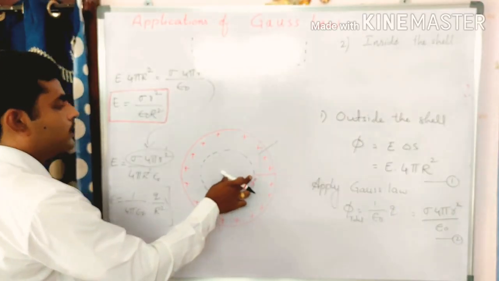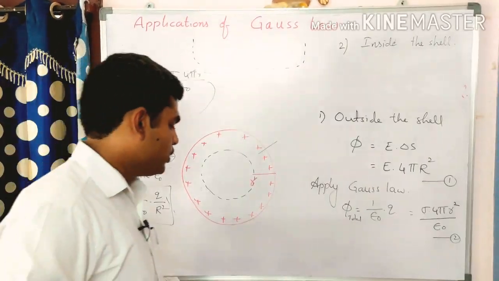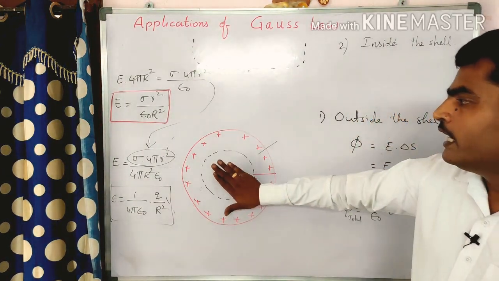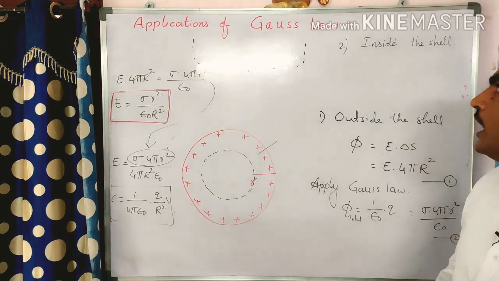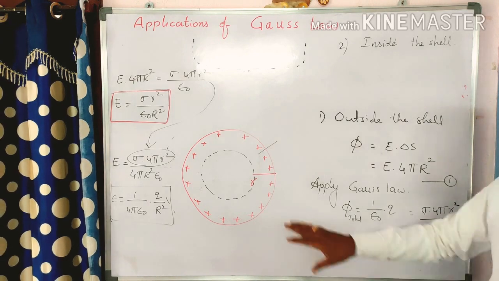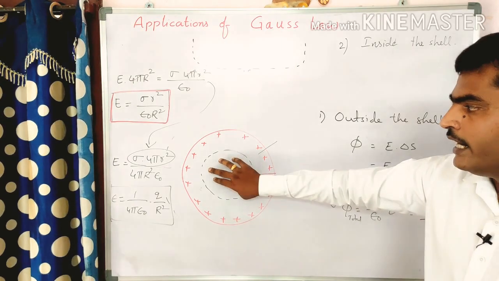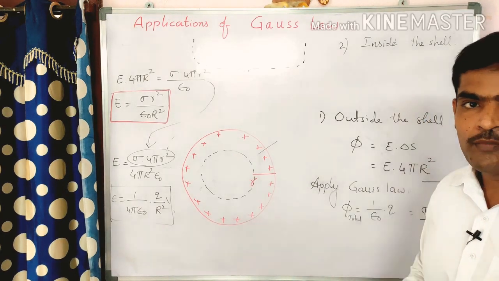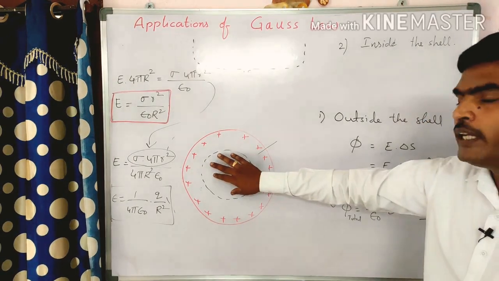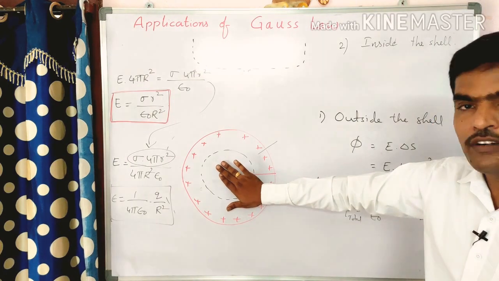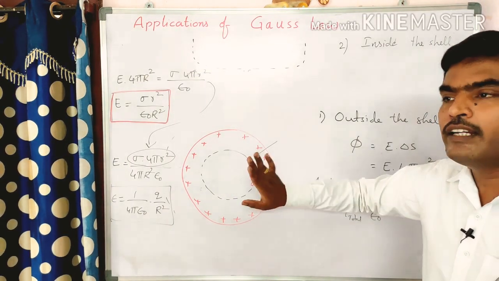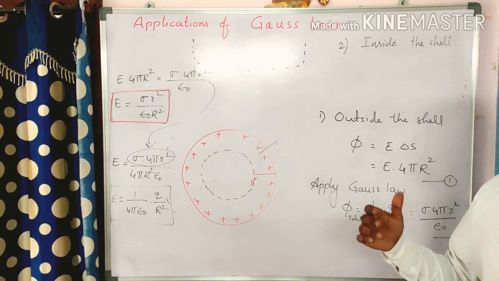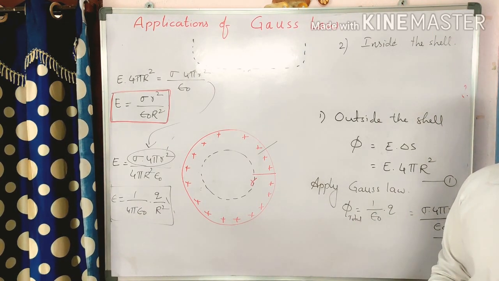If you are able to answer it, then it means you understood the Gauss law. This is a Gaussian surface, a closed surface. Is it enclosed by any charge? Charge is not there inside the surface. When charge is not there, the electric field is equal to 0.